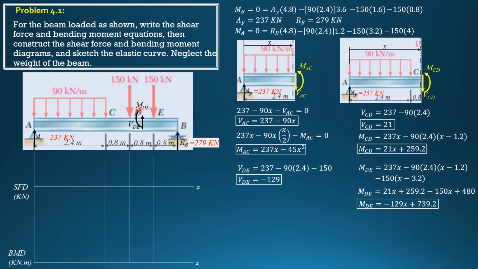Remember, the cutting section will divide the entire beam into two parts. And for the preceding section, we always consider the left part. This time, I'll present a situation where we consider the right portion of the cutting section because it is simpler.